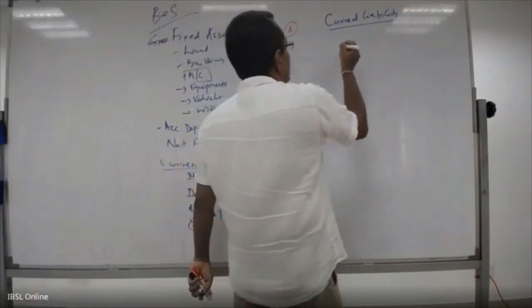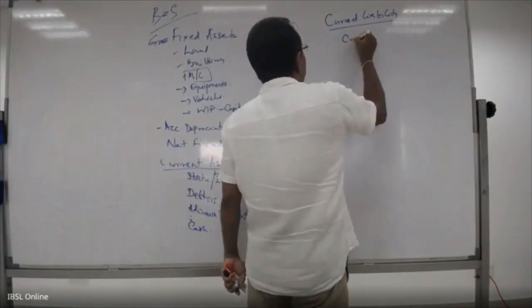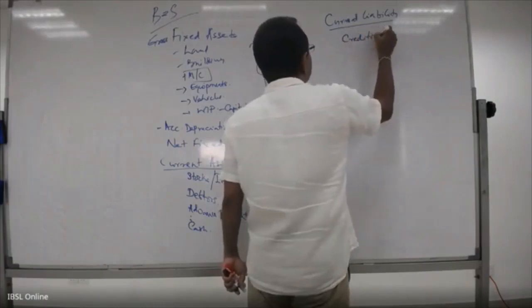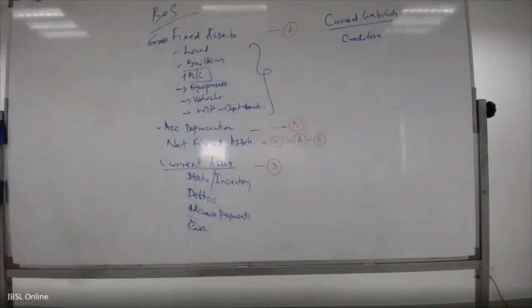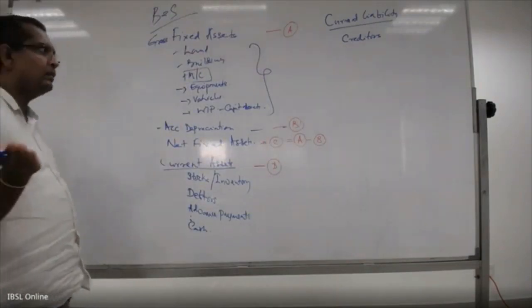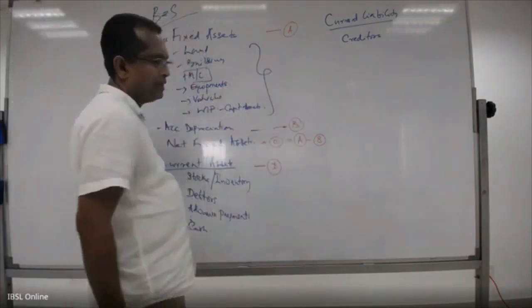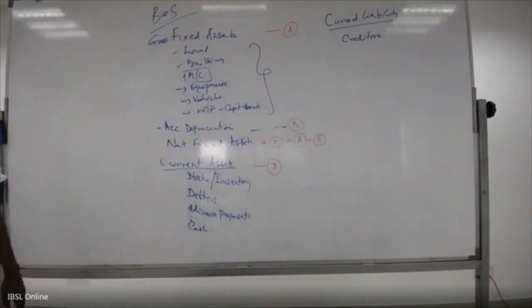Firstly, it is creditors. Normally, it is the trading creditors. If you purchase something on credit, that is the first thing you need to settle, right?